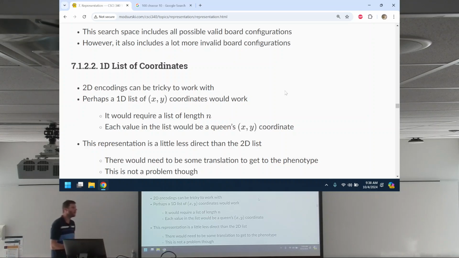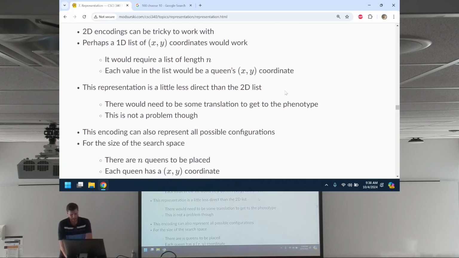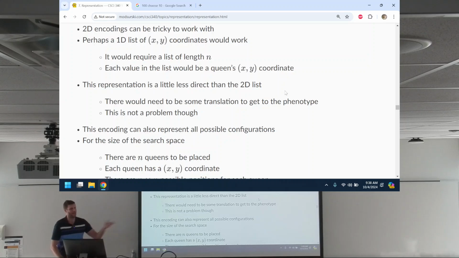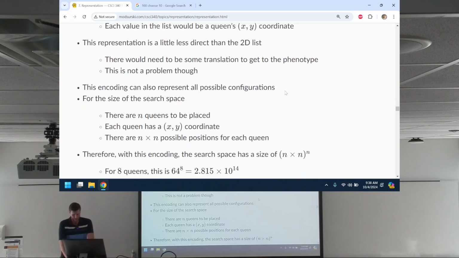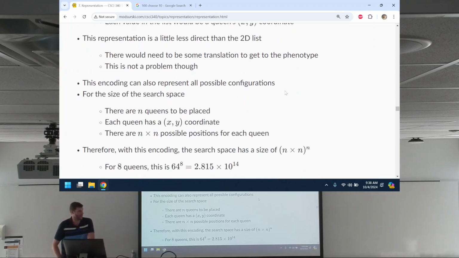So if we were to do this, we would have a list of length n, and each value in the list would be a queen's xy coordinate. Like I was saying, it's a little less direct, but still relatively direct. We do need some translation mechanism to go from the coordinate system to what it means in the phenotype. It can also absolutely represent all possible configurations.